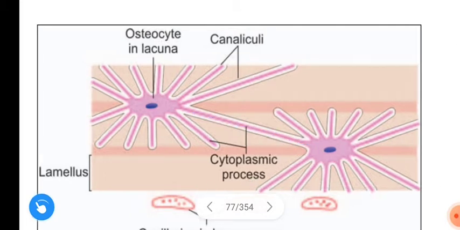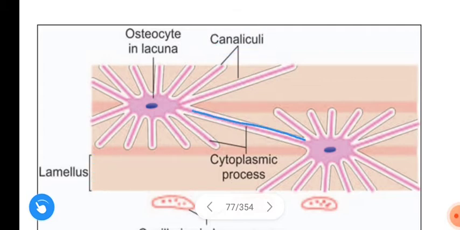And the communication between two lacunae happens through these canaliculi. See here, the canaliculi communicate from one lacuna to the other lacuna. This communication is through the canaliculi. Okay guys, this is the lamellae.